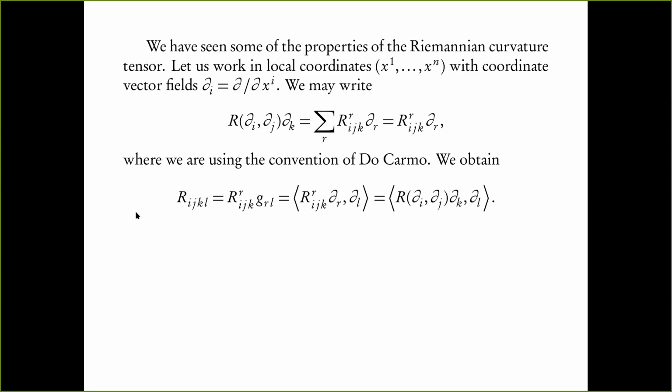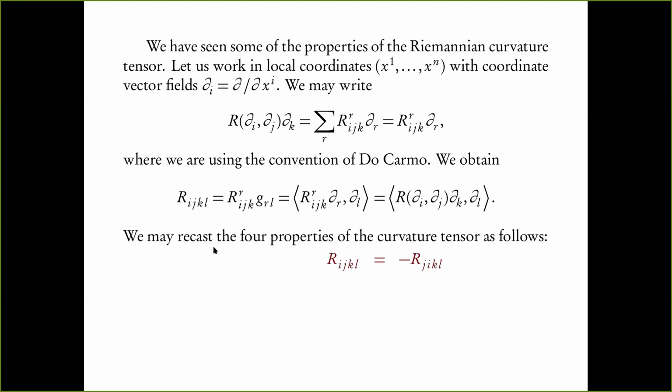But let's look at the symmetries that we had last time in this local language. In these local coefficients, R_ijkl is minus R_jikl. If I switch i and j, the sign changes, because R(∂_i, ∂_j) is minus R(∂_j, ∂_i), as that is how the Riemann curvature is defined: nabla_x nabla_y minus nabla_y nabla_x minus nabla of the bracket [x,y].